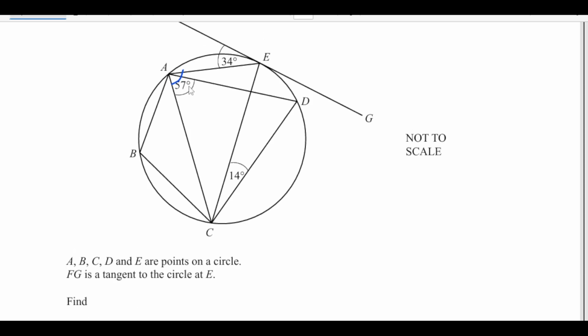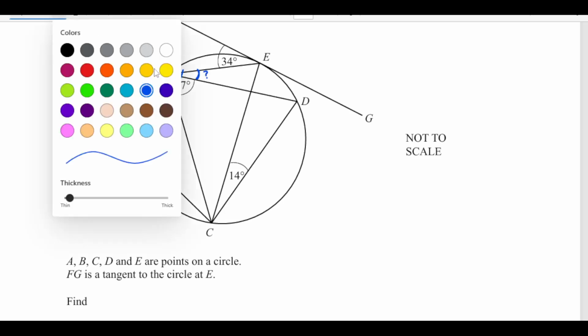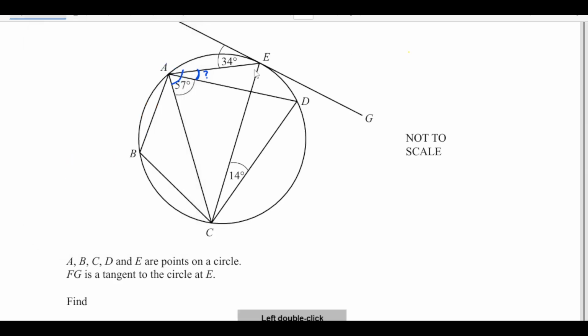So we have this angle, 57, given to us, and if we can find out this angle that I am showing here, then we will be able to add this and find the angle. Now looking at this angle, if I see here, this angle is in this arc, this angle is 14, and in the same arc is the angle that I am looking for.